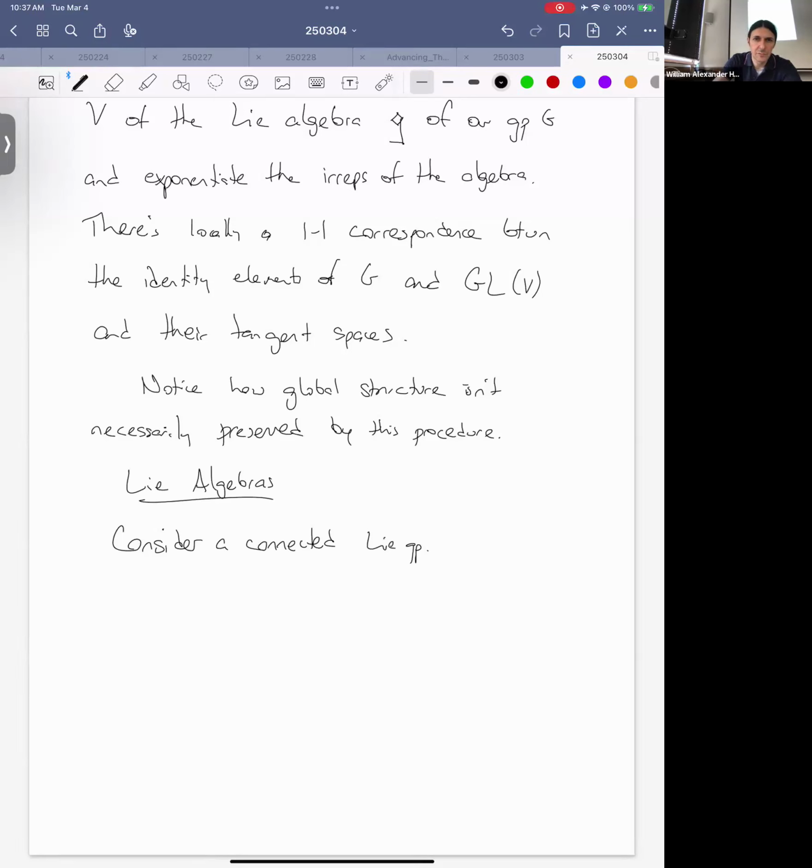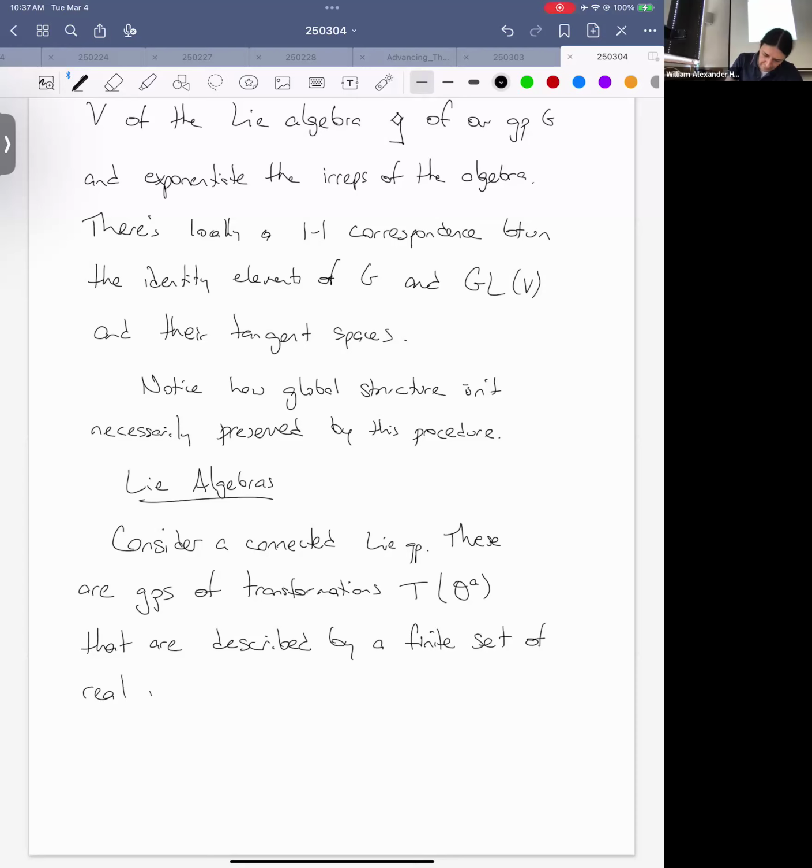So these are groups of transformations T of some theta A that are described by a finite set of real parameters. Theta A goes from 1 up to, say, n.